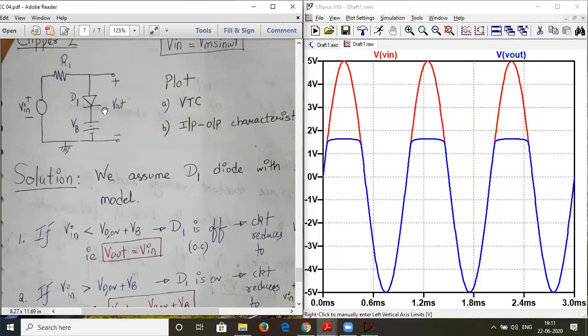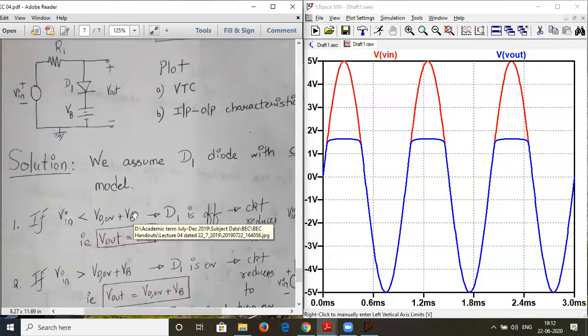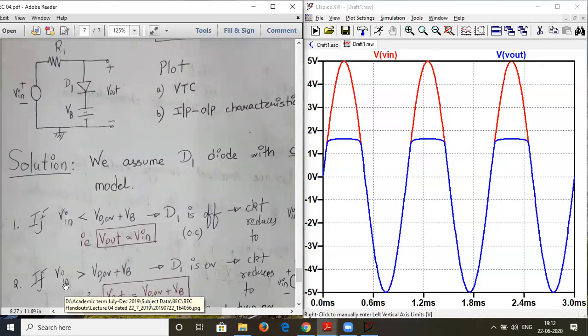If this bias voltage is not present, the diode will turn on just at VD on. But now the input has to overcome VD on plus this bias voltage. So the diode will turn on only when the input is greater than VD on plus VB, the bias voltage.